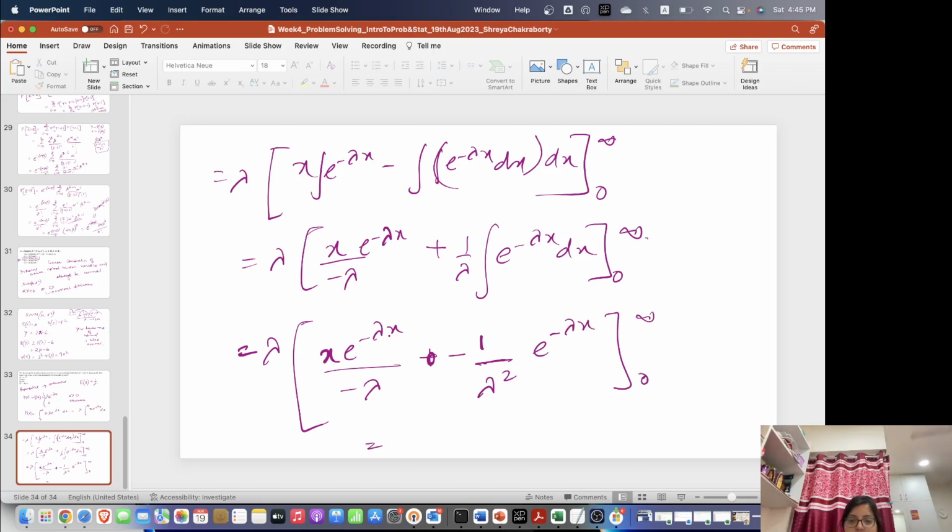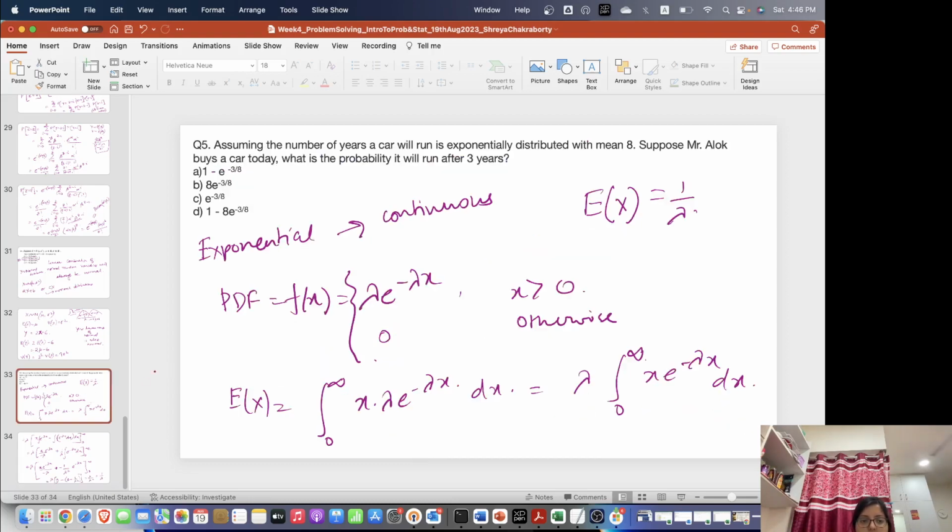Putting infinity here we have 0, and putting infinity here also we have 0. Minus of, if we put 0 over here, this term becomes 0, and minus of, if we put 0 over here, it becomes 1 by lambda square. So we have lambda by lambda square, that is 1 by lambda. So the expectation of x is 1 by lambda.